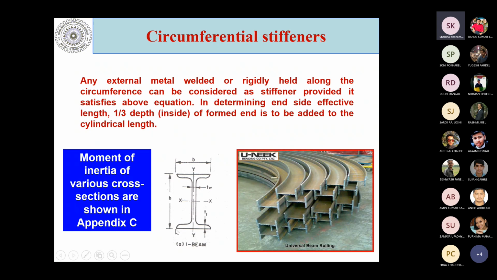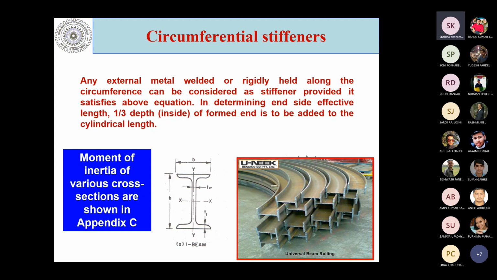Fine, if it is welded on this X side. If it is welded on the Y side, let's say if this part and this part are welded over the periphery, in that case Ixx will be the required moment of inertia, which you need to check with the moment of inertia of the structure. Okay, I hope you are getting my point.